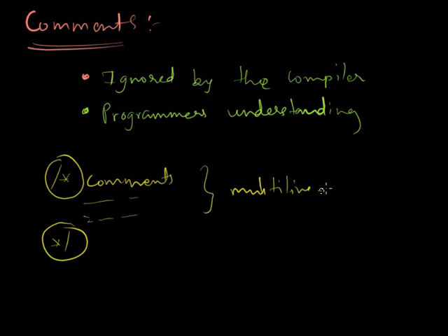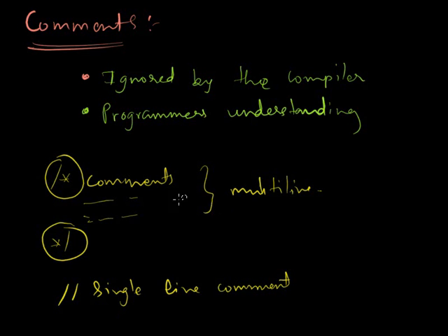And there is another type of comment which is a single line comment. Now you don't have to close this. You put 2 slashes one after another, and the line which follows these 2 slashes becomes a comment and is always ignored by the compiler.